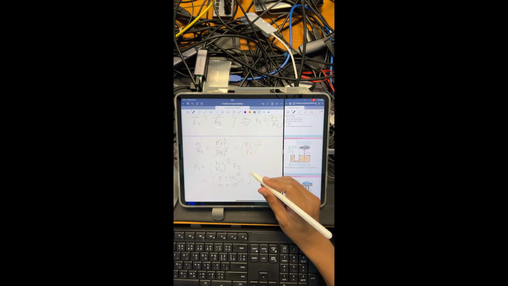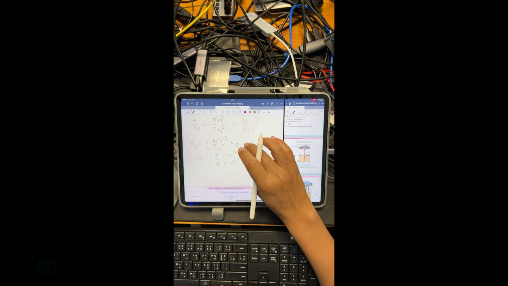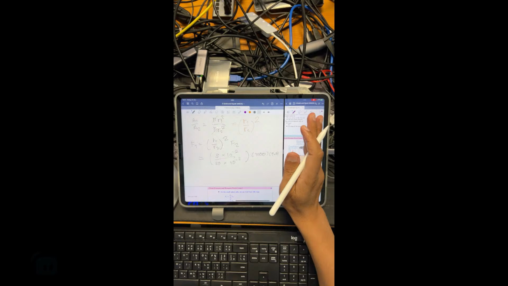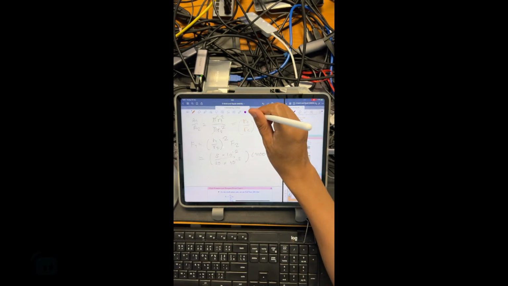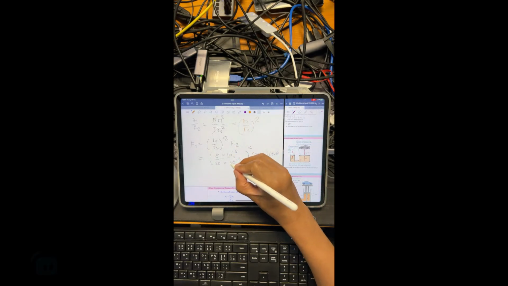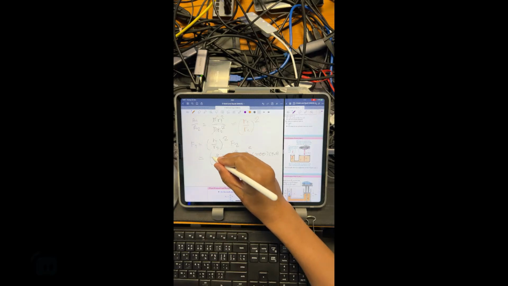And F2 is the weight of the car, which is 1000 times the gravitational acceleration of 9.8. You can see that I forgot the number 2. Okay, in this one 10 to the negative 2 cancels out, and 5 and 20 gives 1 by 4.